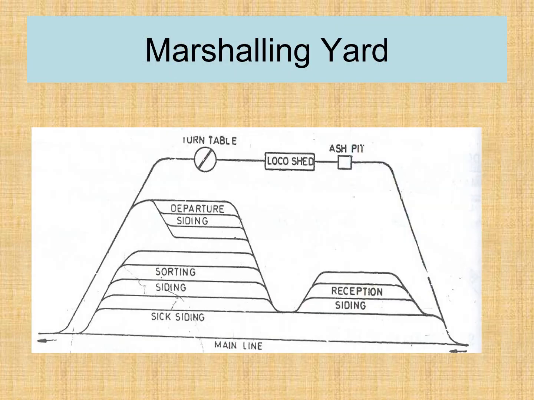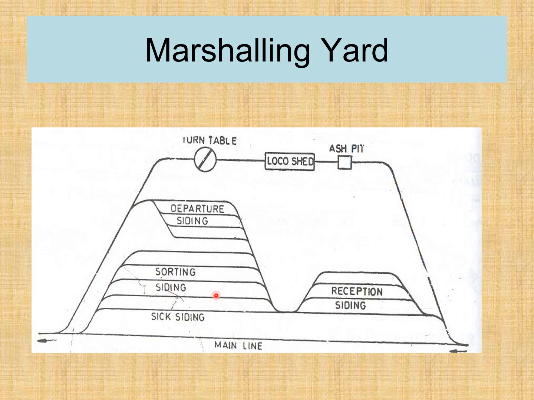So look at here. You can see that this is the main track. So this is the part, you can treat it as the reception siding. From reception siding, the wagons will be sent to the sorting siding.